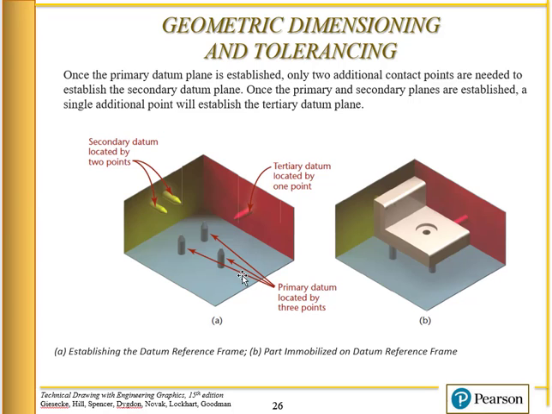Now that we have the part restrained by datum A, we only need 2 pins to pick up the second datum. This part will sit on datum A and we'll push it up against this second datum. And finally the tertiary datum only needs 1 point to locate it because it'll stop all translation. So essentially, by putting our part on these 6 pins, we've arrested all degrees of freedom for mounting that part.